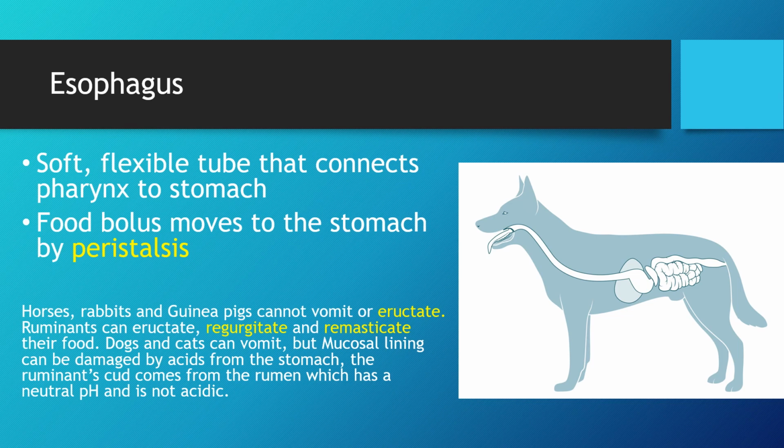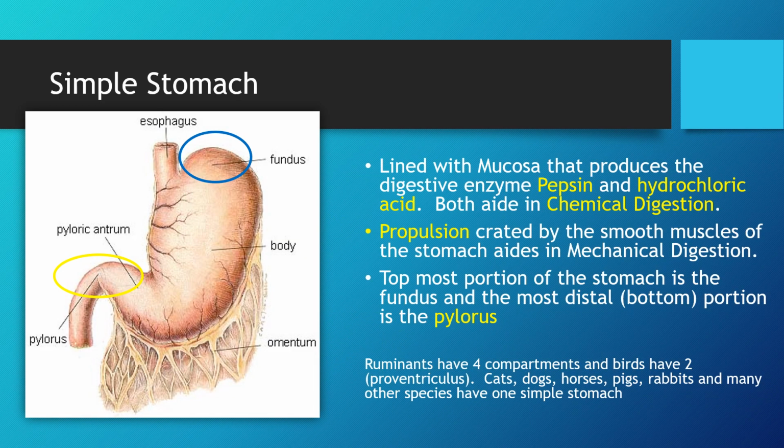They actually have extra mucus on their esophagus. And also when the fluid comes up from their rumen, the pH is not in any way acidic. It's actually a very neutral pH, so it wouldn't hurt them anyway, even if they didn't have that extra coating within their esophagus.